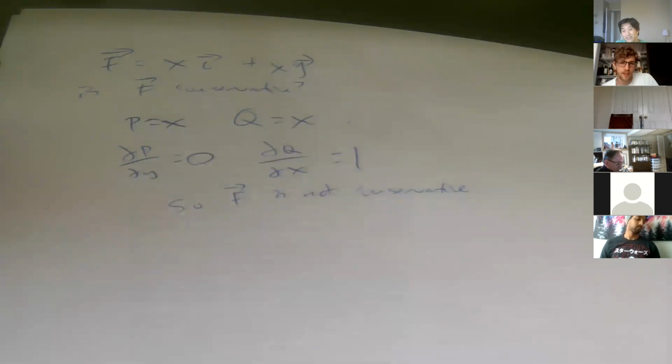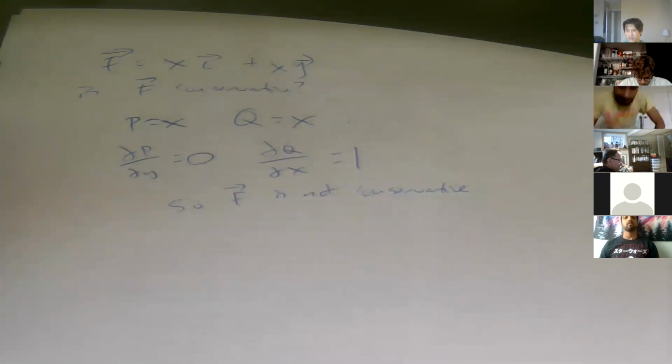If we did find out that it was conservative, then we could have used the fundamental theorem. But it's not, so we have to do something different. Okay. Does that make sense? Very quick and easy way to check if something is not conservative.